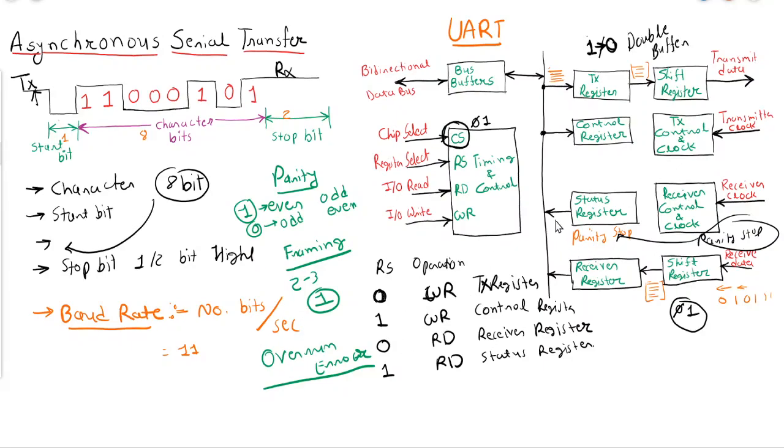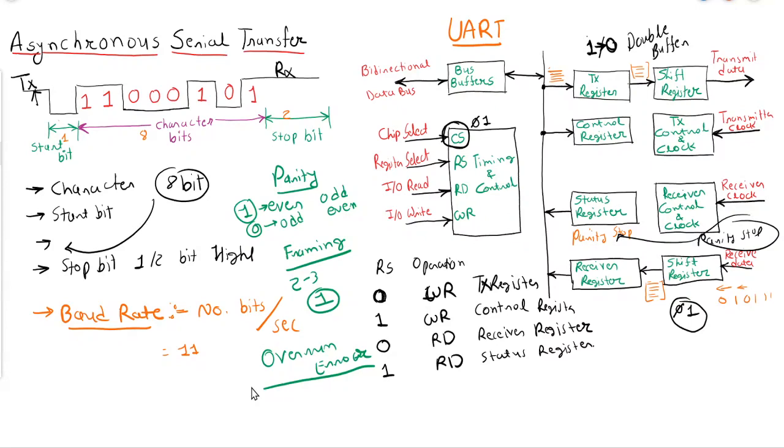Let's say the sender is sending data at high speed and the receiver is not able to process data at that speed. While getting the data into the shift register and shifting data into the receiver register, if any other 8 or 11-bit data arrives, it won't be stored into the shift register, because currently it is processing the previously received 8-bit data. This is known as overrun error.